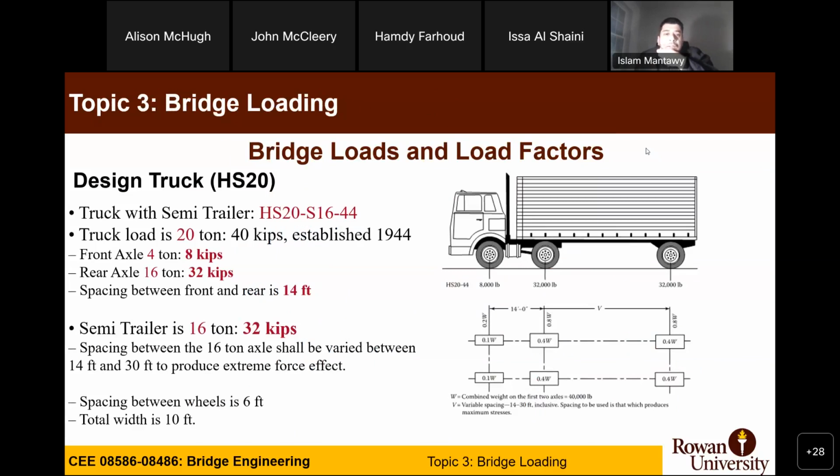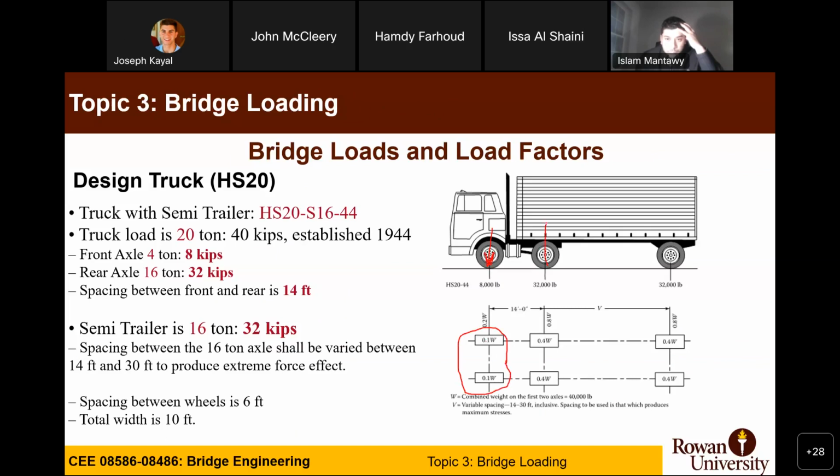Joseph Kyle. Are you familiar with this slide, Joe? Yeah, this is the design truck that we've been talking about, HS20, and it gives the applied loads onto the pavement at each axle. So front axle, both wheels weight adds up to 8 kips.